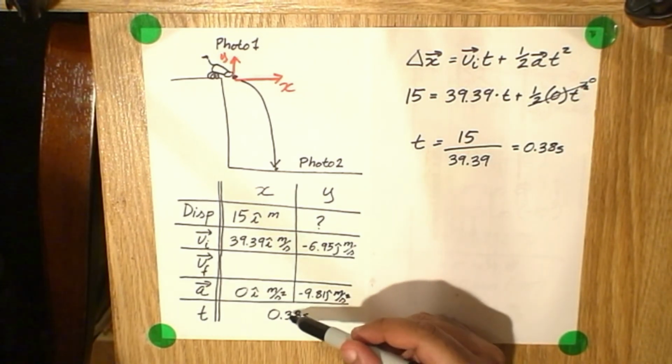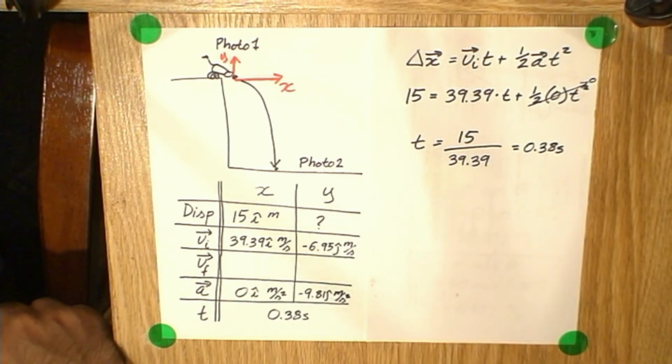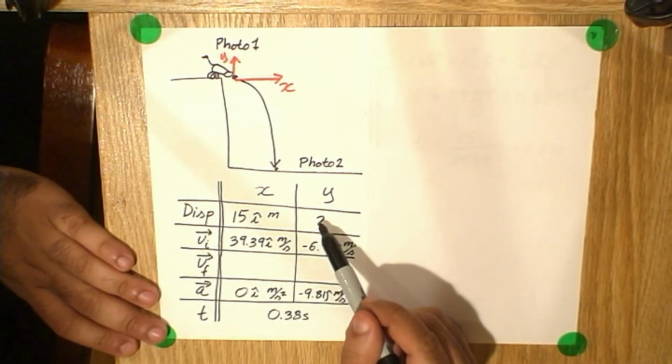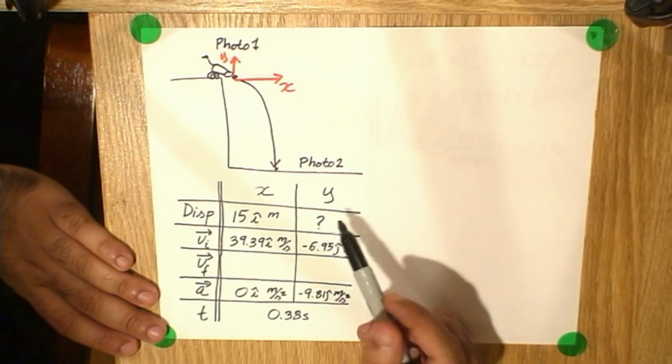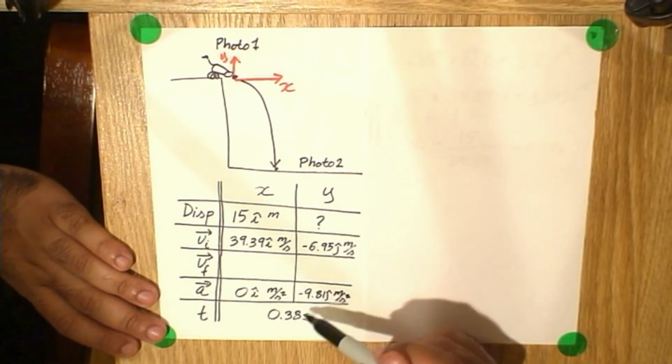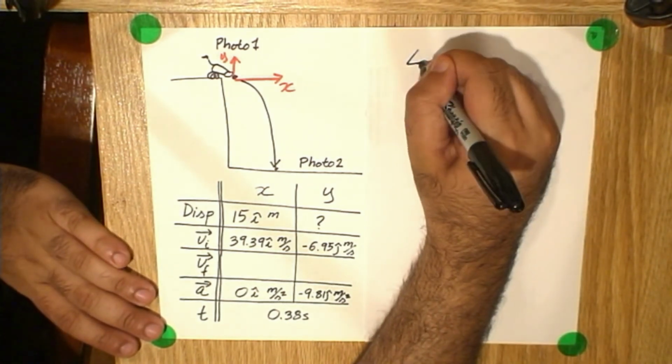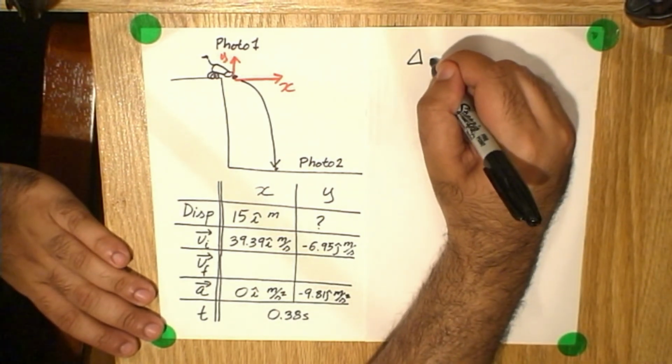Now we have three pieces of information in y, so let's go ahead and solve for displacement. So we're looking for displacement in y, and we have v initial, acceleration, and time. This is easily solved using, once again, toolbox equation number 2.